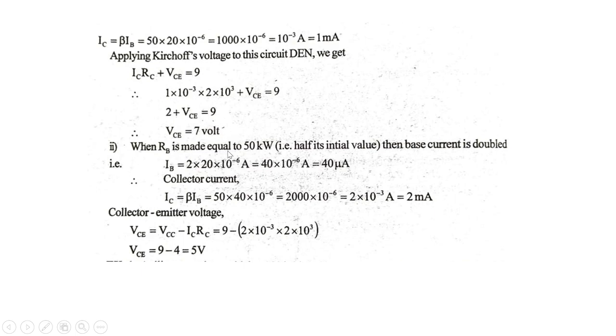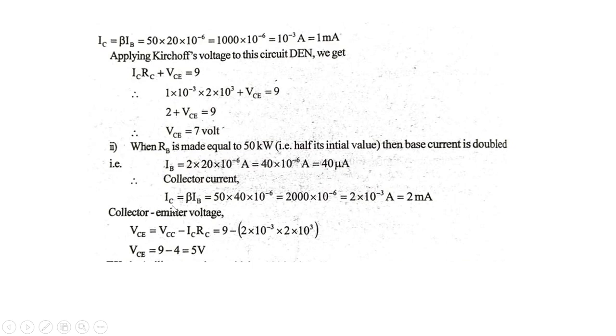When RB is made equal to 50 kilohm, that is half its initial value, then base current is double, that is IB equal to 2 into 20 into 10 raised to minus 6 ampere, that is equal to 40 into 10 raised to minus 6 ampere, that is equal to 40 microampere.